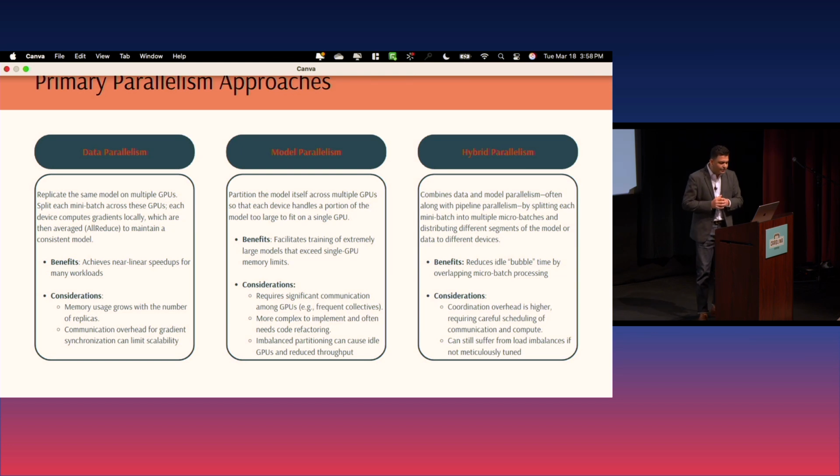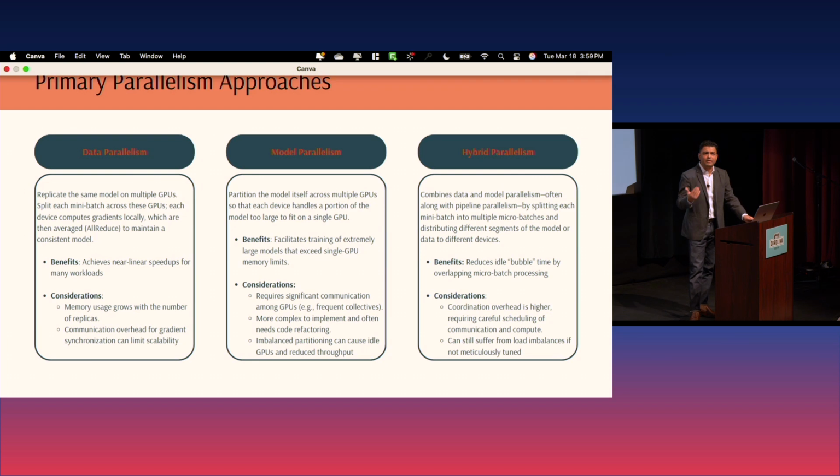And so the idea with data parallelism is quite simple, in the sense where you want to replicate your models across all the GPUs that you have. So imagine you have 4 GPUs at your disposal, and the model that you're trying to train, all of its parameters and weights, are replicated one-on-one across all of those 4 GPUs.